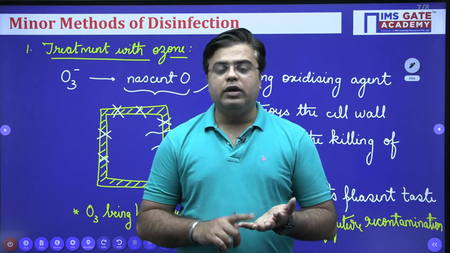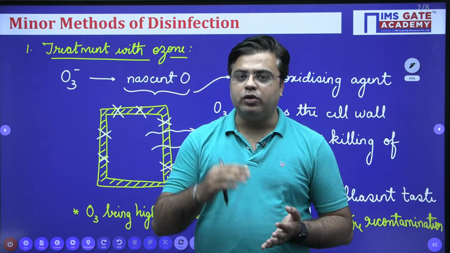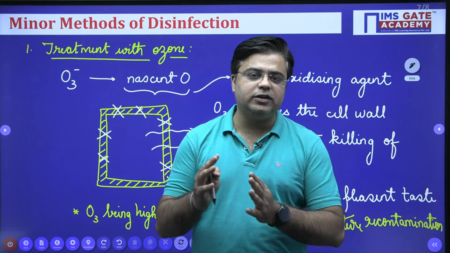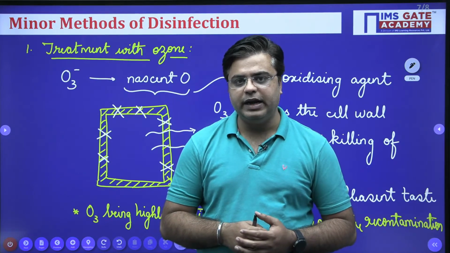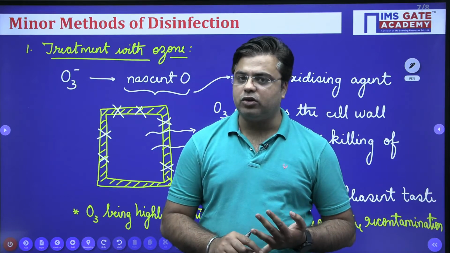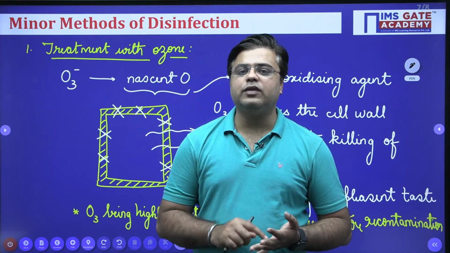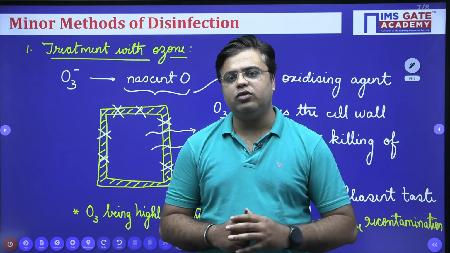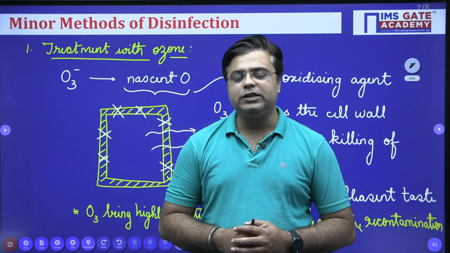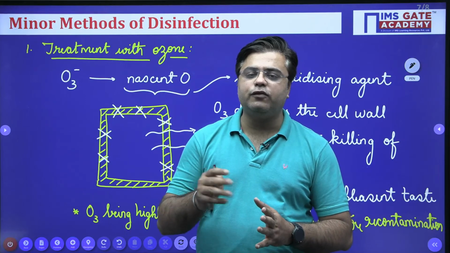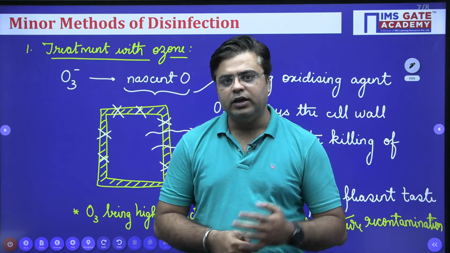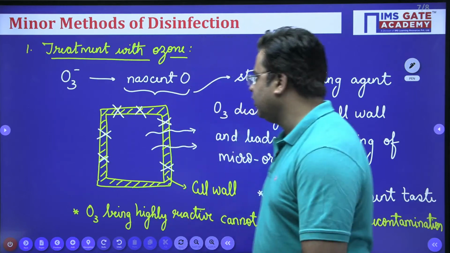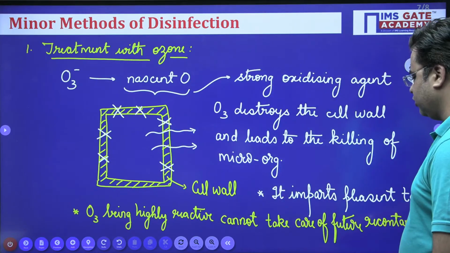Next, the efficiency of disinfection of ozone is less than that of chlorine, right? Next, ozone is costlier than chlorine. And last, ozone gets exhausted as soon as we add it for disinfection. That's why ozone cannot take care of future recontamination. Okay, so this is the first minor method of disinfection, that is treatment with ozone.